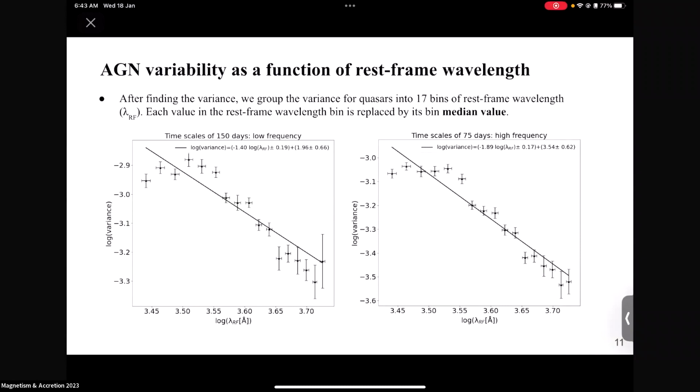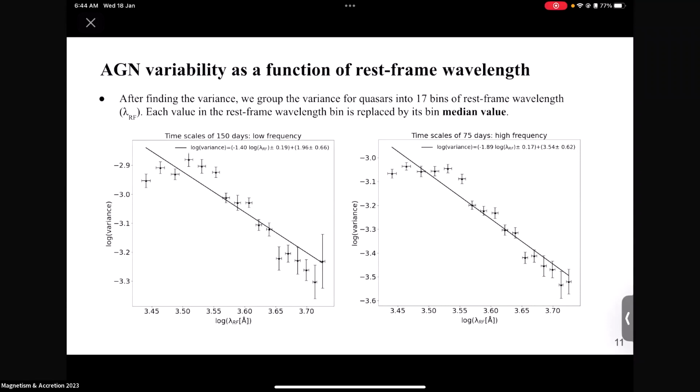Here, this is the plot of the variability versus the rest frame wavelength. On the left, this is the plot for the time scale of 150 days, and on the right, this is the time scale of 75 days. So to find the relation, we group the variance into 17 bins of rest frame wavelength, and each value in the rest frame wavelength represents the median value.